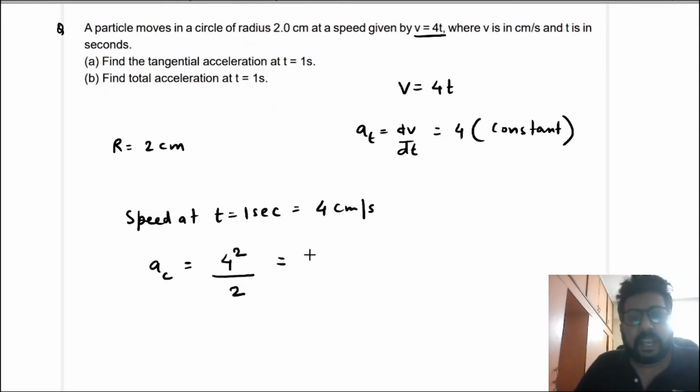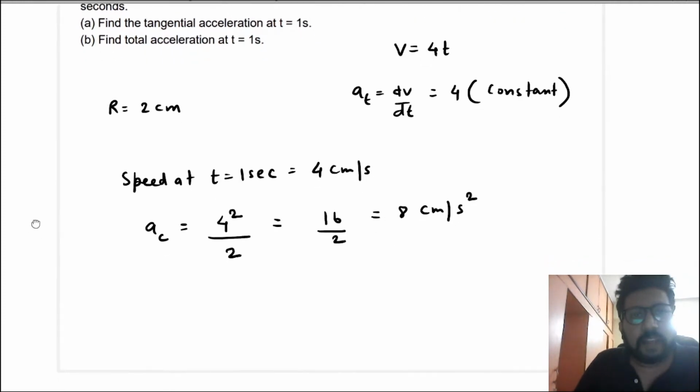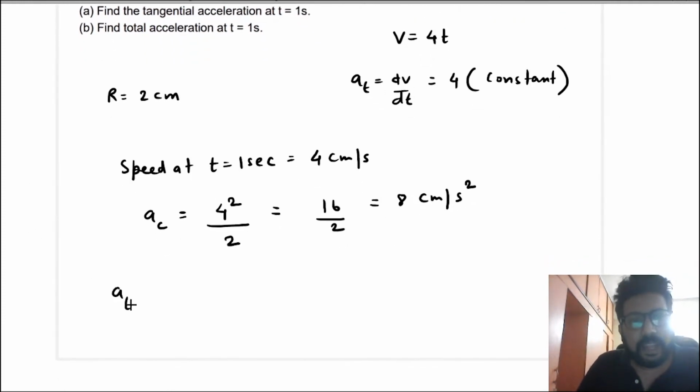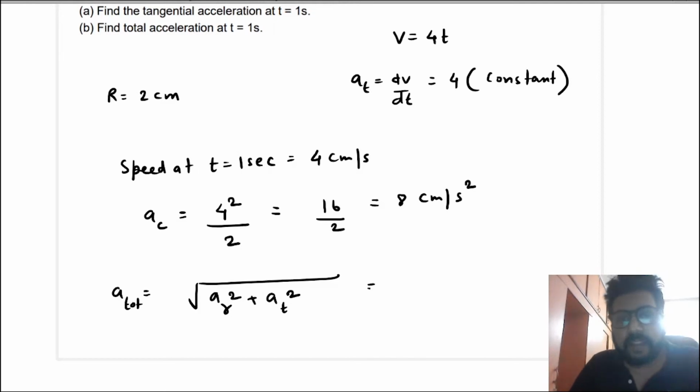So the radial acceleration will be 16 by 2, that is 8 centimeter per second square. If you want to find the total acceleration, then A total will be equal to under root AR square plus AT square, and that will be equal to under root 8 square plus 4 square.